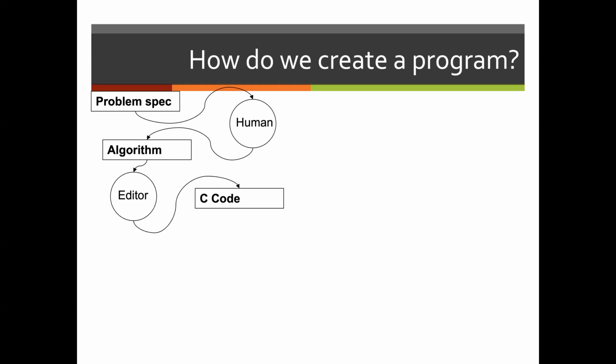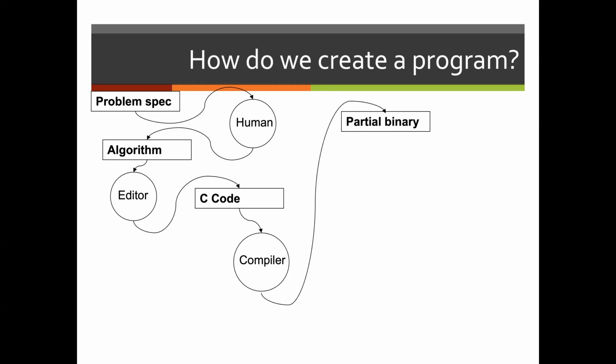Once we have the algorithm developed, we'll use appropriate tools, such as an IDE or an editor, to create the appropriate code for that program. Once we've created the code, we've codified our solution into a program, and for C we will need to make use of an appropriate compiler. We utilize the compiler to compile the C code to produce a binary representation of the program that can be utilized.